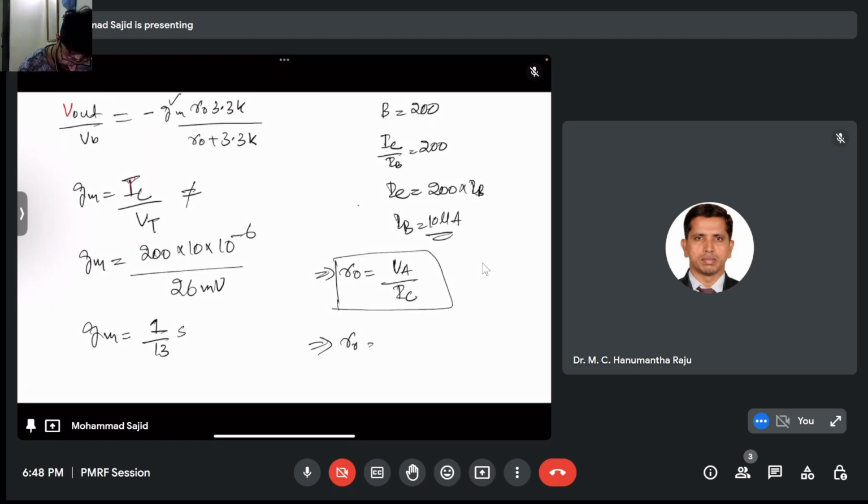Okay, and IC, this is 200 into IB. IB is 10 microampere, right?